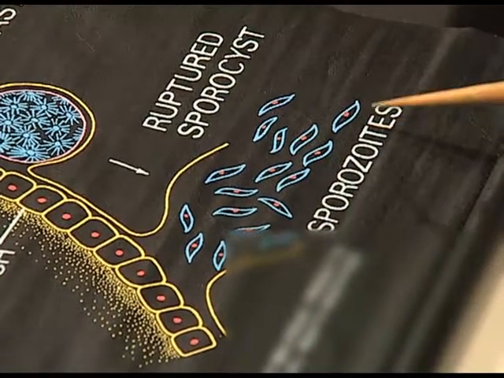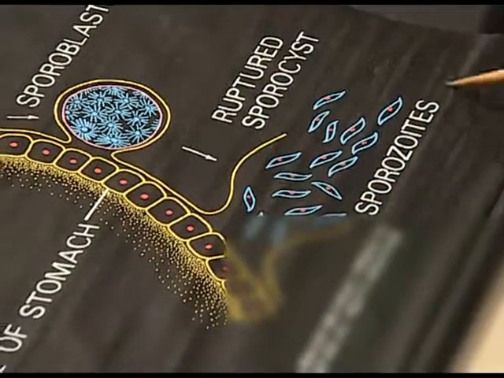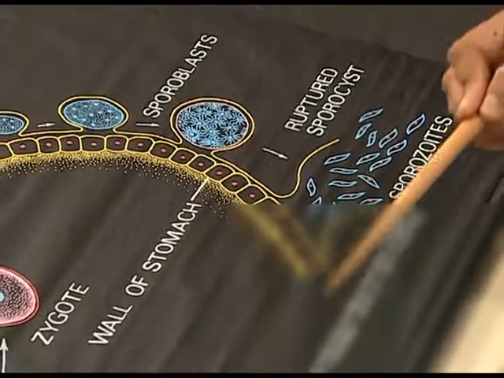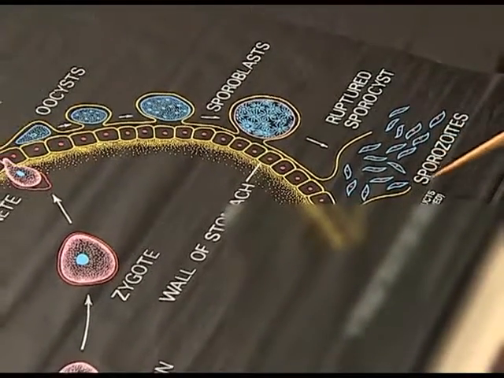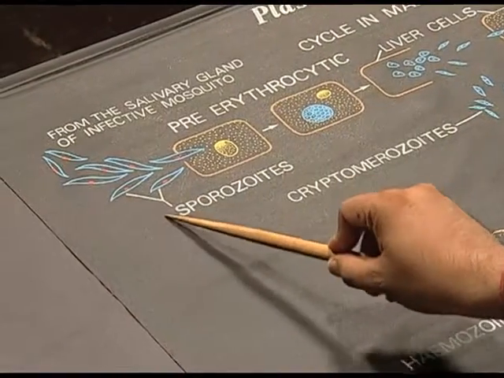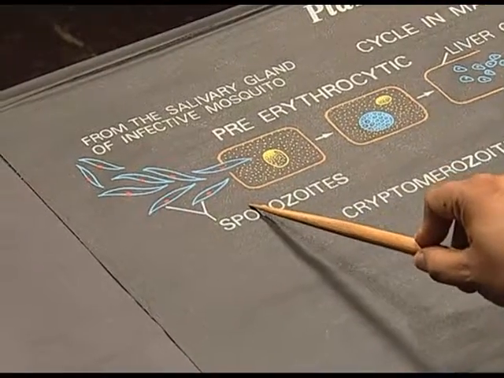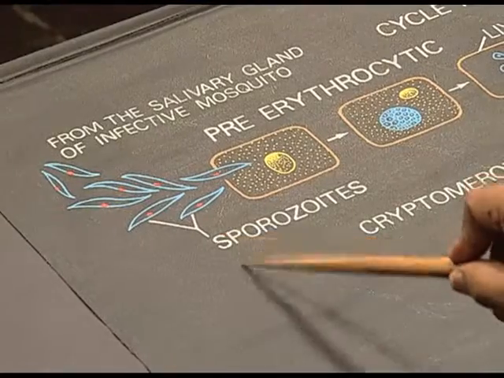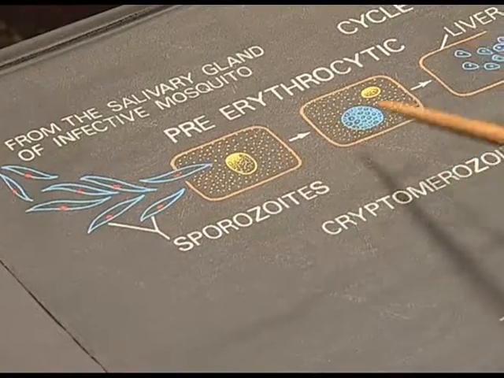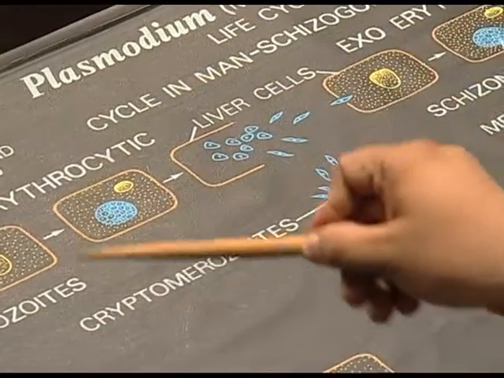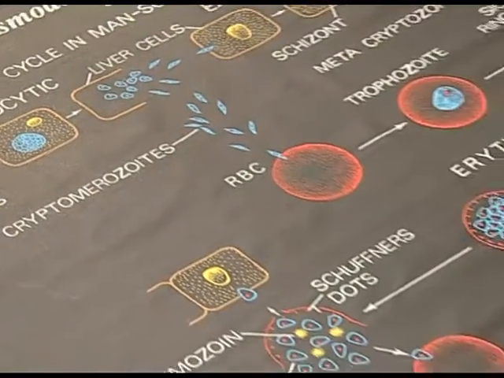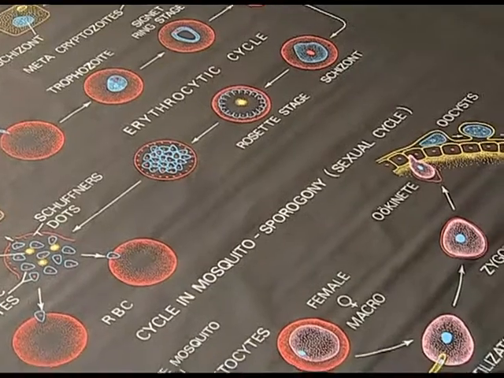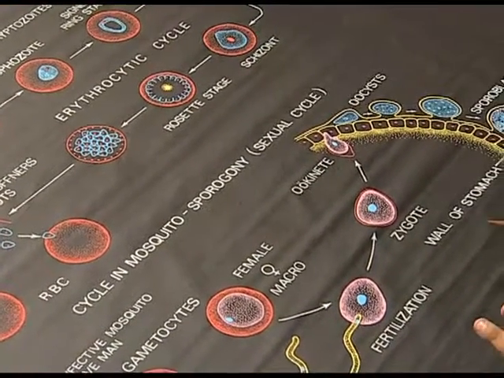These sporozoites travel through the body cavity and come to the salivary gland of the mosquito. These are the sporozoites. They again come into the bloodstream when an infected mosquito feeds on a healthy human being, and this cycle continues. So, this is the entire life cycle of Plasmodium falciparum.